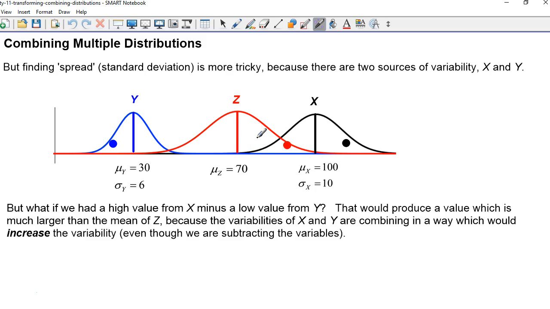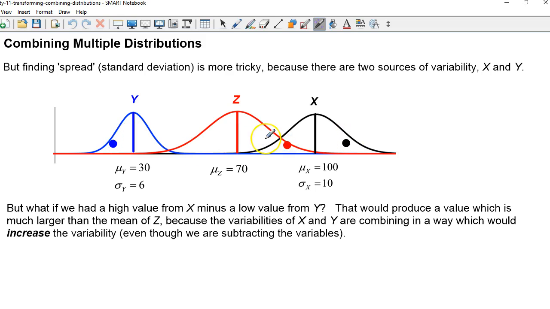Okay, but what if I had this situation? What if I had an unusually high value of x paired with an unusually low value of y? That means I would have an extra high x value, and then I would be subtracting a tiny y value, which means I would have an unusually large difference. And that means this value in the z distribution would be really high, much higher than the individual x and y were.